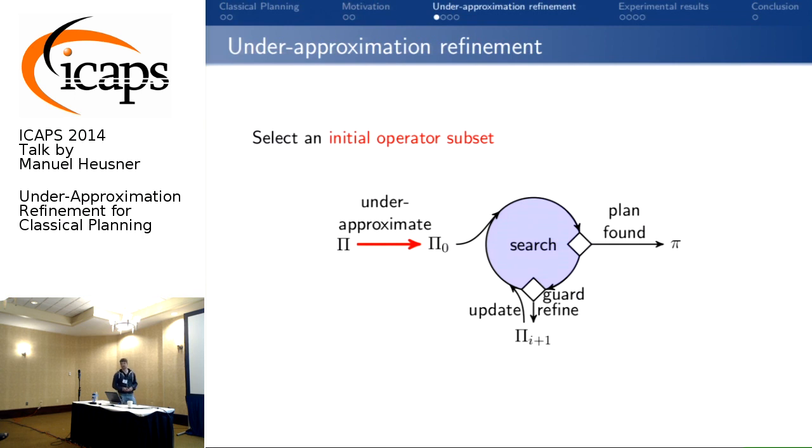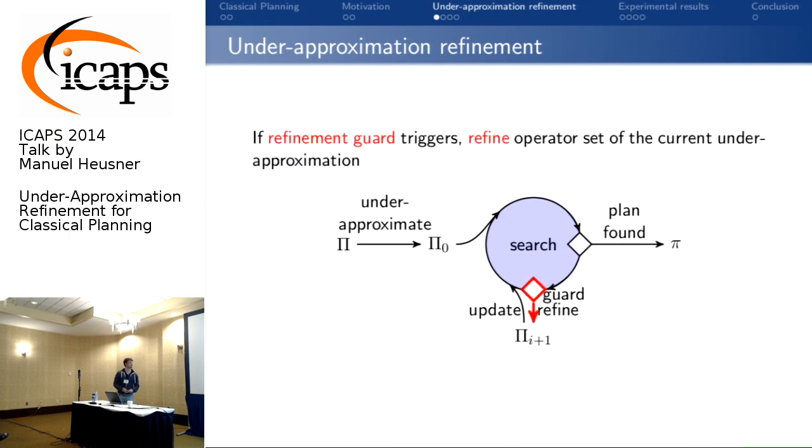I explain it in more detail with this diagram. We have the original planning task, and we select an initial operator subset to get the first under-approximated planning task. Then we run a planning algorithm on this first under-approximated task, and if it finds a plan, we can return it. Otherwise, the refinement guard will trigger at some time, and we can refine the operator set of the current under-approximation.